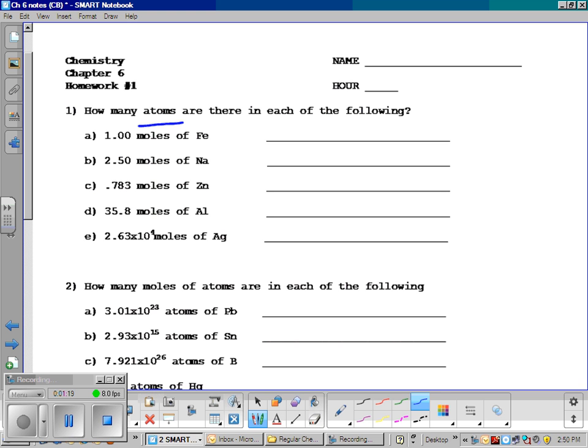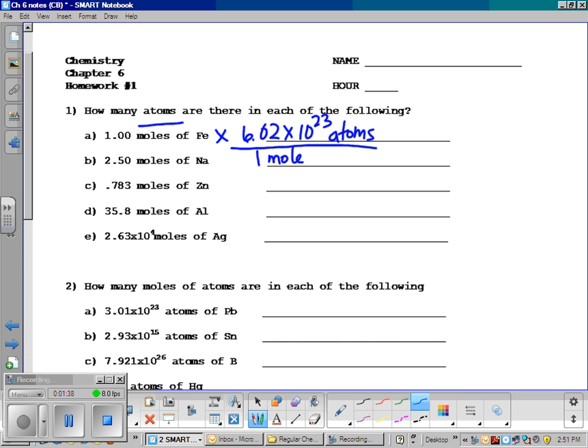So I'm just going to say that in every mole there is Avogadro's number, 6.02 times 10 to the 23rd atoms in 1 mole. Now I know I'm writing into the next part because of the crayons that I'm writing with here.